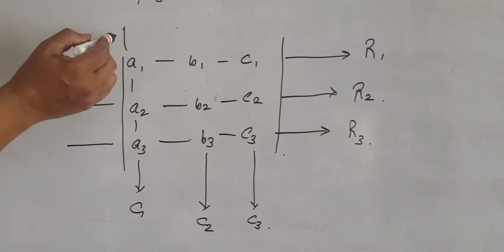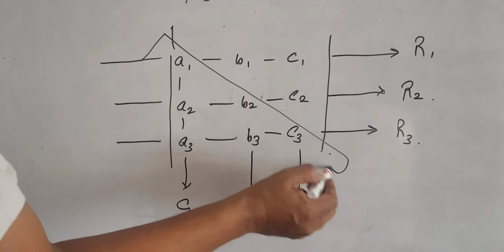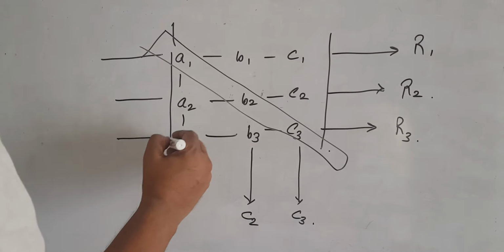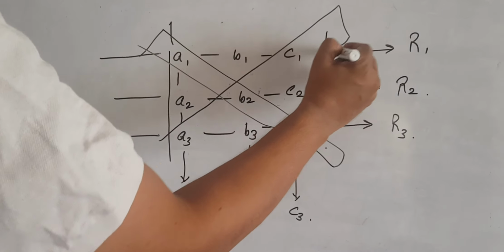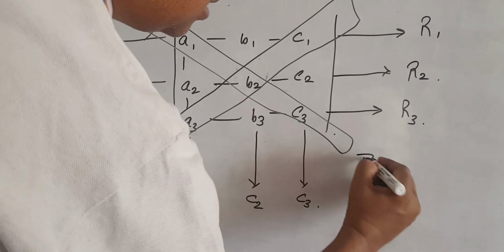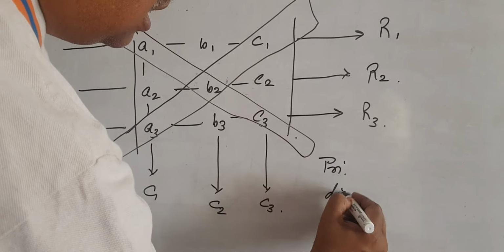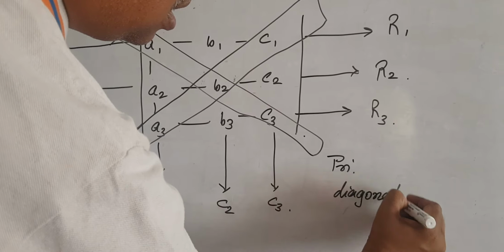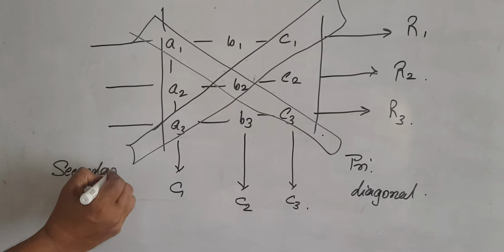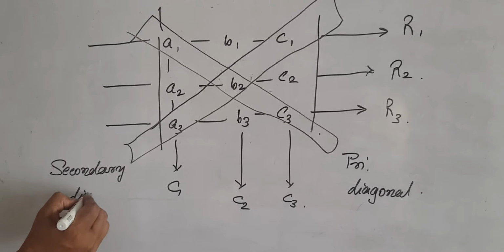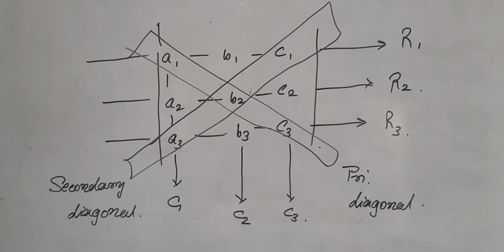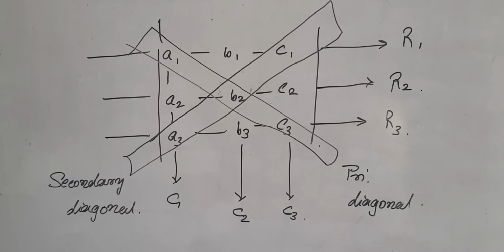Now the important thing: the elements a1, b2, c3 make the principal diagonal. And c1, b2 and a3 make the secondary diagonal. This is the principal diagonal, and this is the secondary. Is that clear? They are the elements of the determinant.